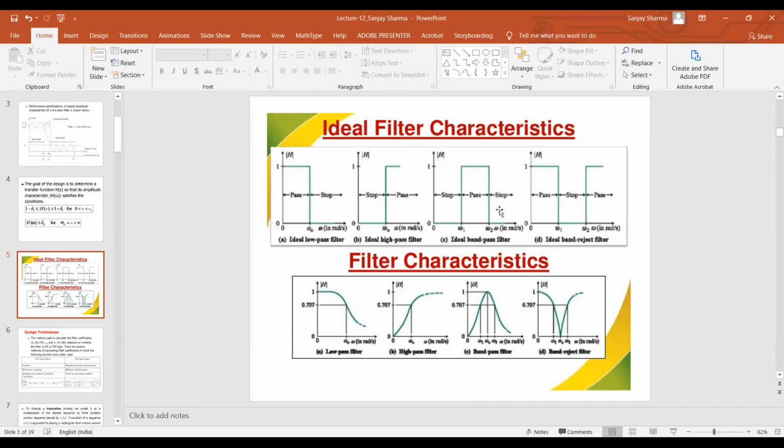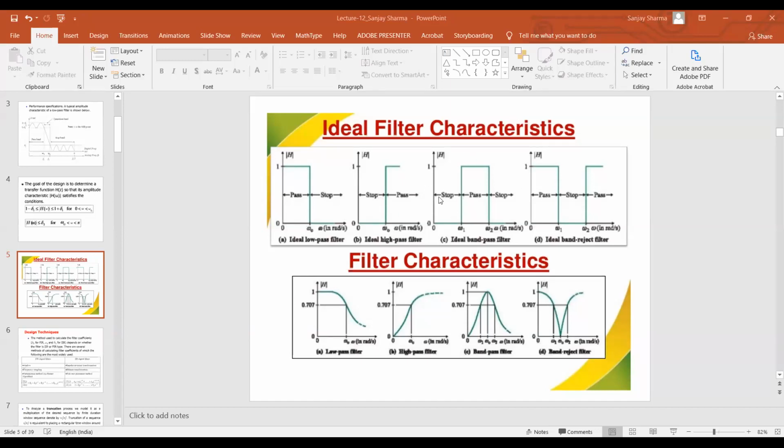Before the band and after the band, the frequencies will be rejected or stopped. And there is a requirement of band reject filters also, in which you have to reject a particular band, right? So every other frequency will be passed through it, only that band will be stopped, that band will be rejected. So these are the ideal characteristics of filters.